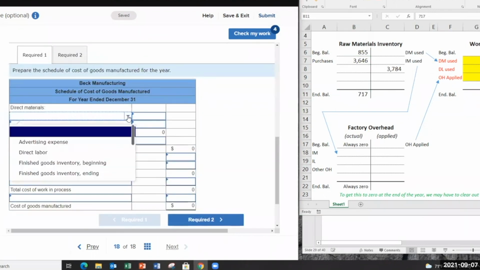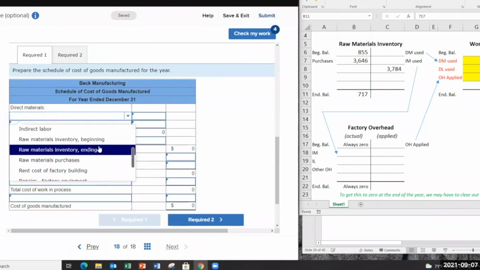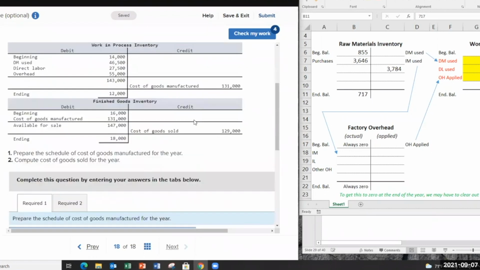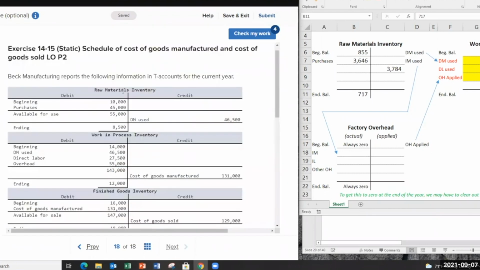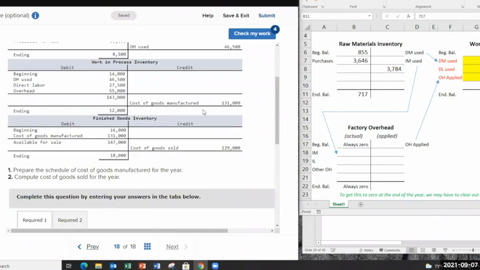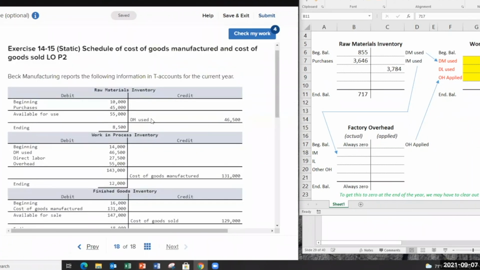What do we have here? Beginning raw materials, plus what? Purchases, right? Add raw materials purchases. So hopefully they gave us those numbers. Here's the raw materials. There's my beginning. There's my purchases. 10 and 45. And the raw materials available for use is 55, like they show you here.